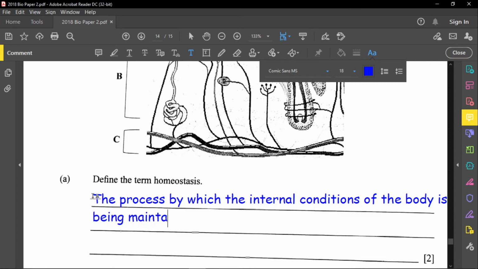What conditions are we talking about? Any and every condition, right? It could be as simple as your heartbeat, how fast your heart beats. Your blood pressure, your glucose level, your body temperature, your water level, which is osmoregulation. Whatever you maintain in your body is an example of homeostasis. It's a homeostatic condition.